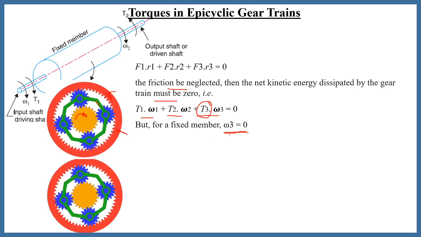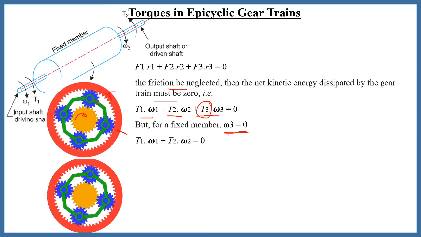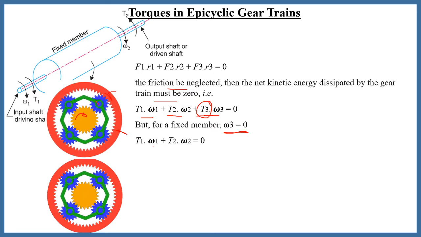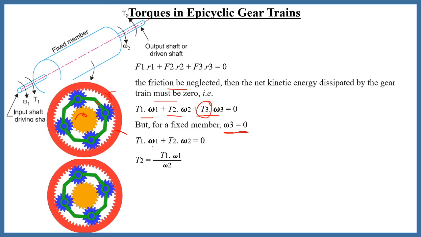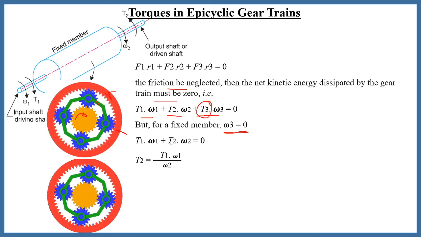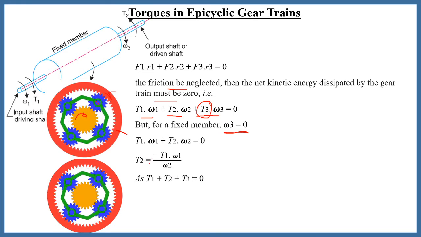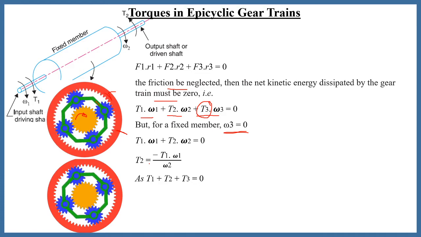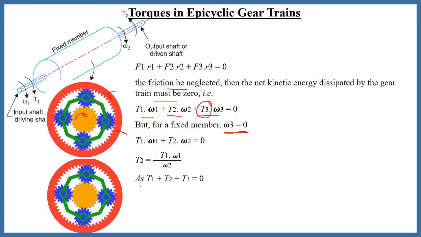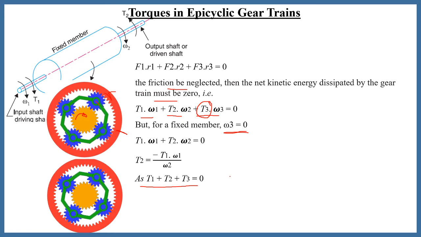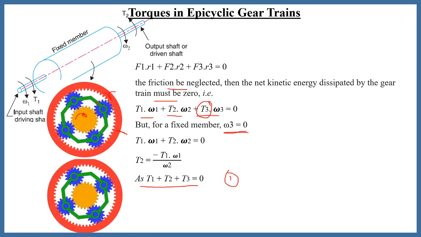Now this omega 3 is equal to 0. That means T1 omega 1 plus T2 omega 2 is equal to 0. By rearranging the terms, T2 is equal to minus T1 omega 1 upon omega 2. As we know, we have considered equation number 1, from that the total torque is equal to 0.